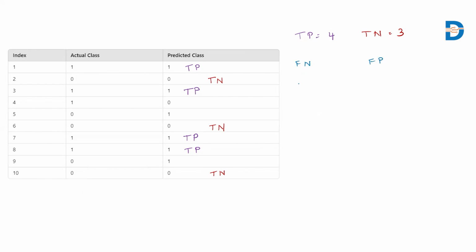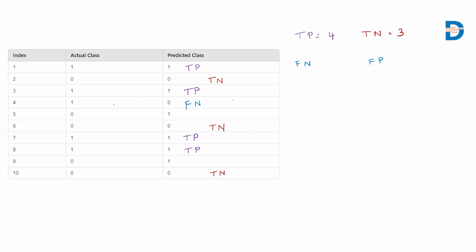What is false negative? The actual is 1 and it is predicting 0. So 1, 0, it's a false prediction. Since it is predicting 0, it is called a false negative. That is, you need to understand 1, 0. Where do we have 1, 0?